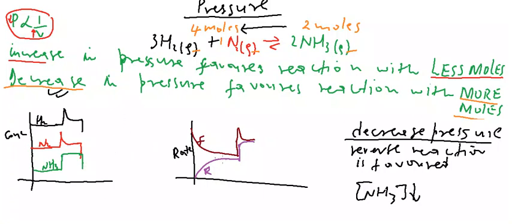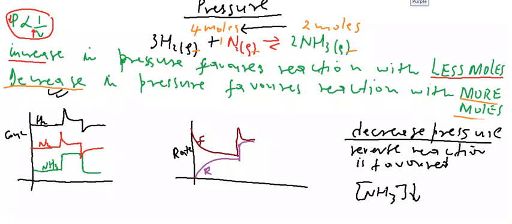Reverse reaction is favored, which means ammonia will decrease without increasing because it is not favored. Therefore nitrogen will decrease and end up how? It increases, reaches equilibrium. Then hydrogen will also decrease and end up how? It increases, reaches equilibrium. Let's come to the rate.